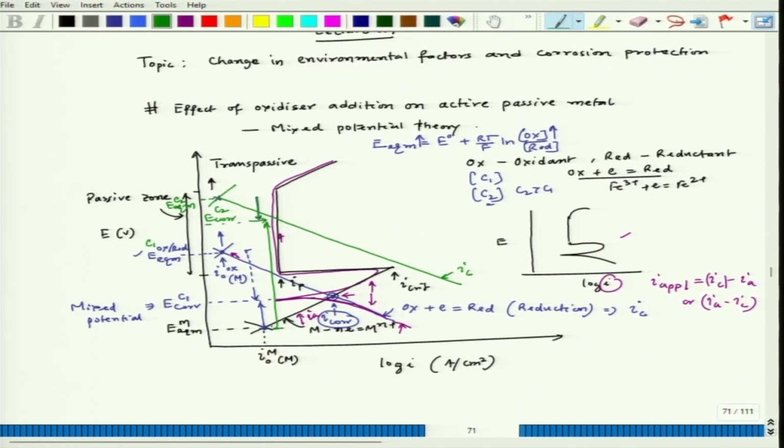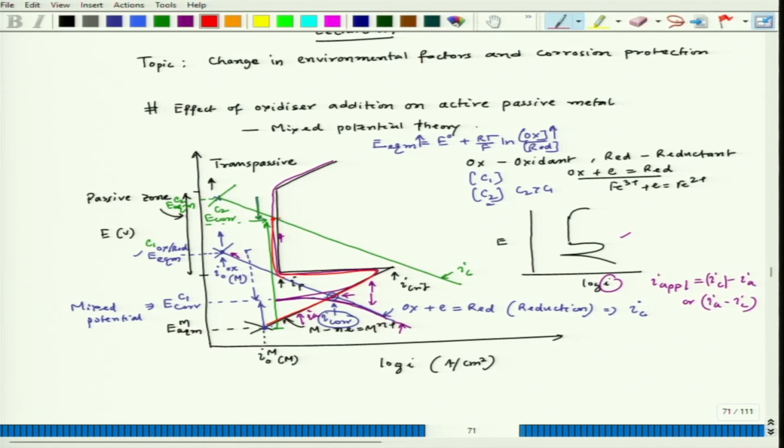So, when it drags, it will go through this position and come here, okay, the red line. So, this is the typical behavior of that metal. That means it will go through active, very active dissolution, and then suddenly it will achieve passivity.